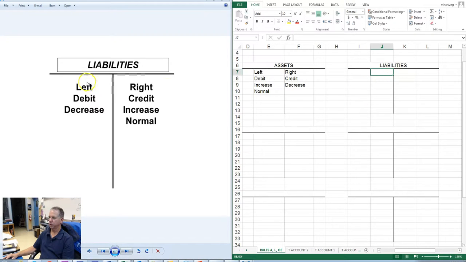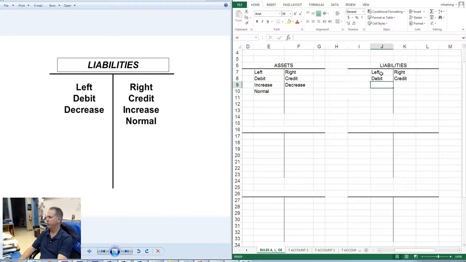And let's take a look at the rules of liabilities. We still have the left and the right side, so that stays the same. So we have a left side, and we have a right side. We also have a debit side and a credit side. That stays the same. Left and right, that's what it means.